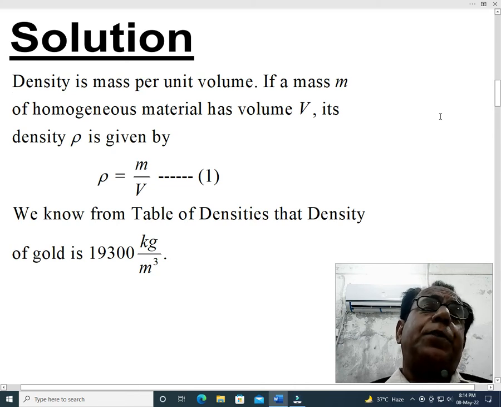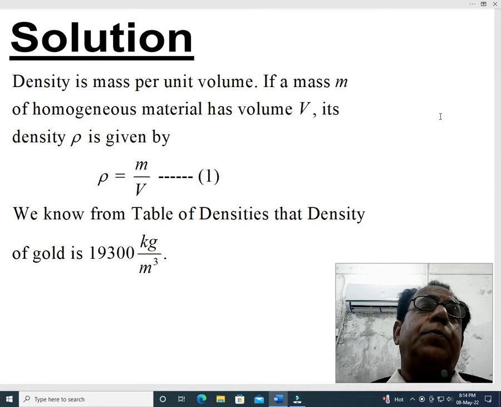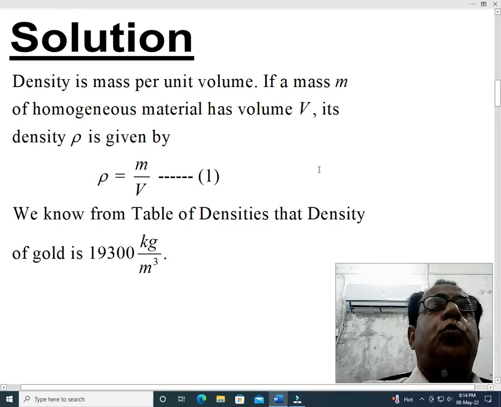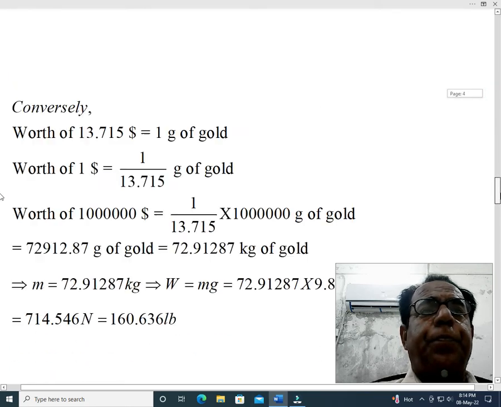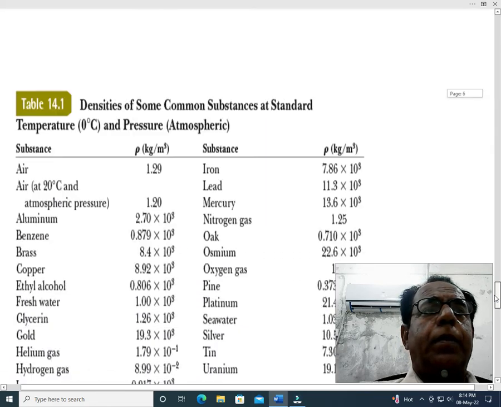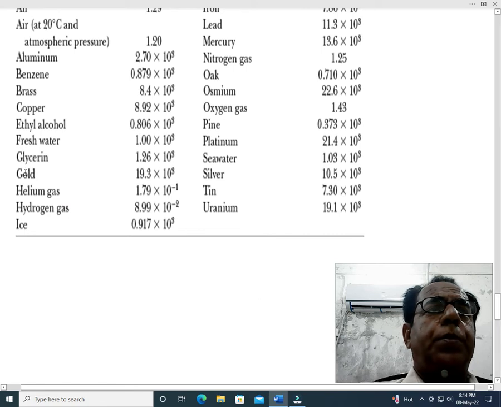Density is mass per unit volume. If a mass m of homogeneous material has volume V, its density rho is given by rho equal to m over V, equation number 1. We know from the table of densities that the density of gold is 19,300 kilogram per meter cube, that is 19.3 into 10 raised to the power 3.